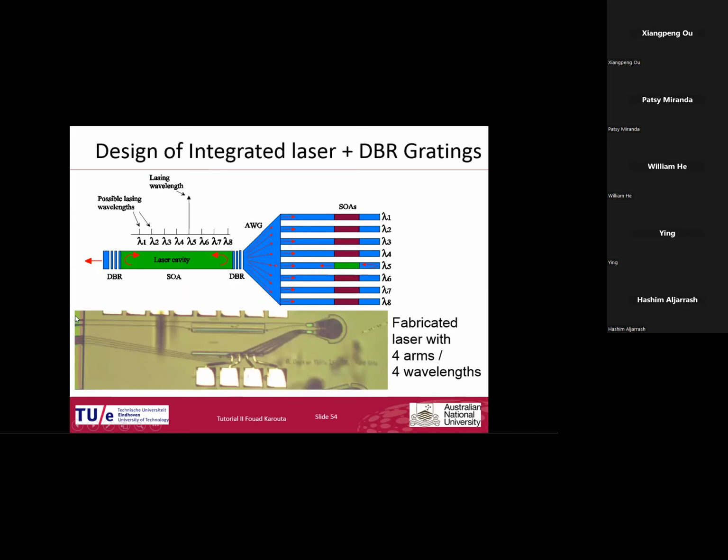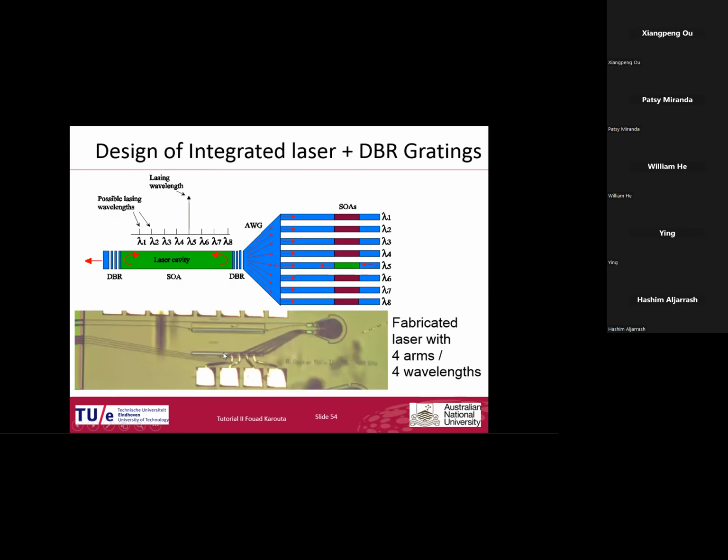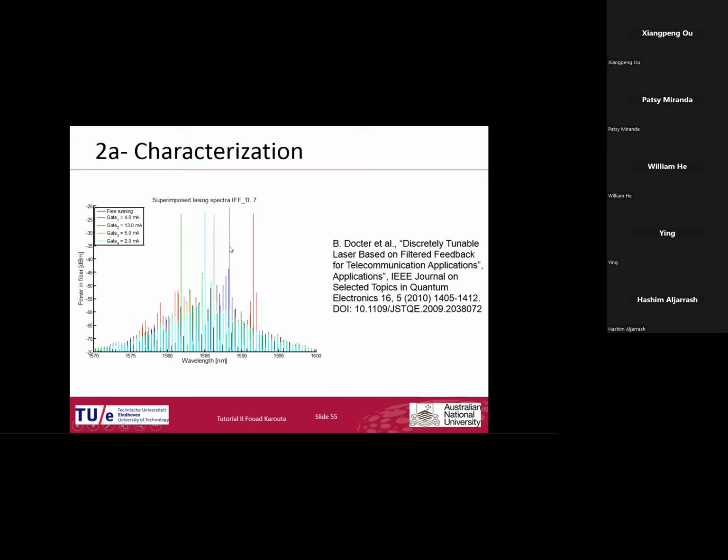If you are just activating the main laser, you get this wavelength. And then when you activate one of these, you can switch from this one to this one to this one to this one. And these differences were 3.2 nanometers, which is matching, as I mentioned, the ITU grid of the telecommunication.